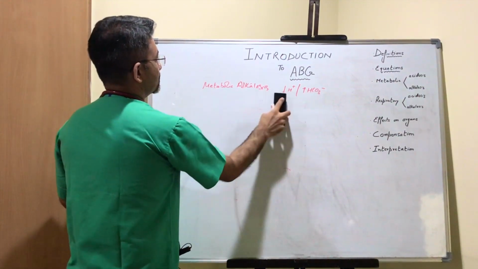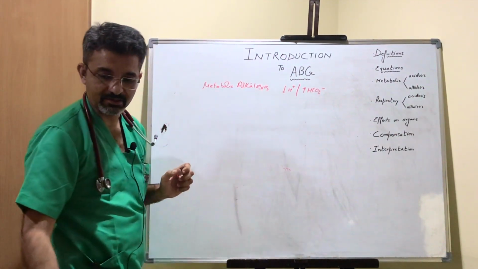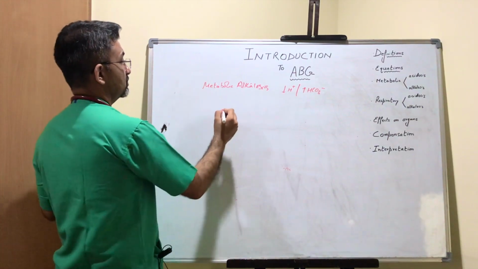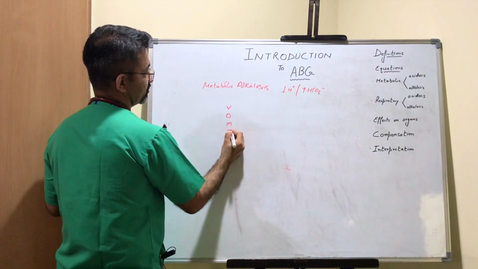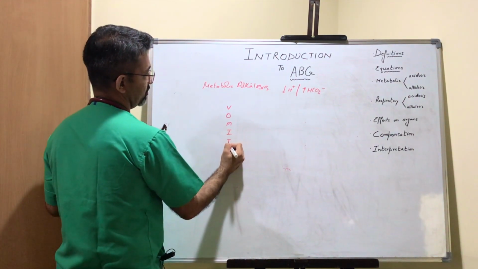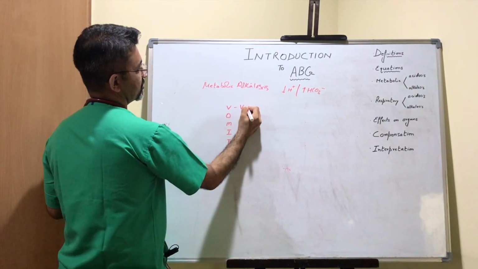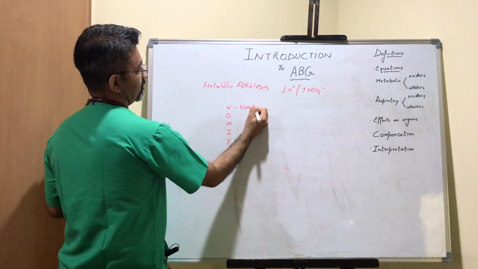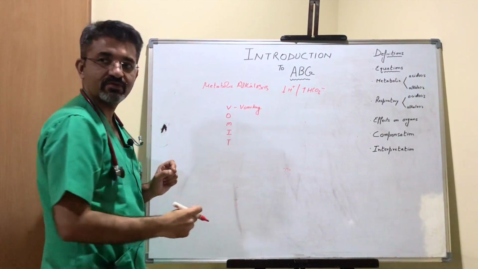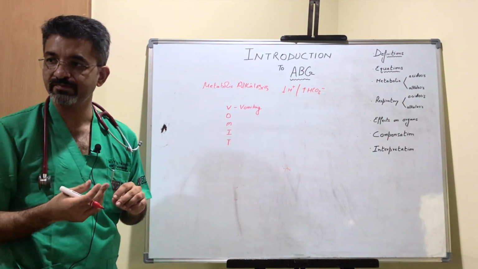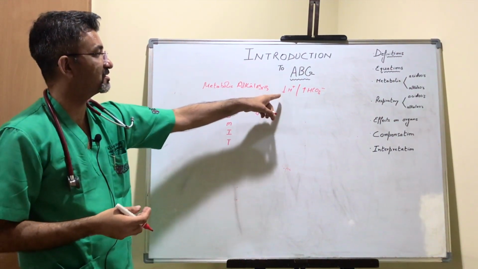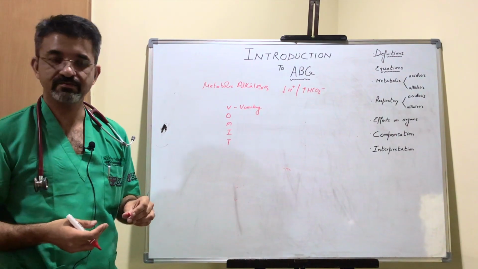So what are the causes of metabolic alkalosis? The mnemonic is VOMIT. V for vomiting. You are losing lots of hydrochloric acid, H ions, in your vomitus. When you lose your H ions, the outcome is metabolic alkalosis.